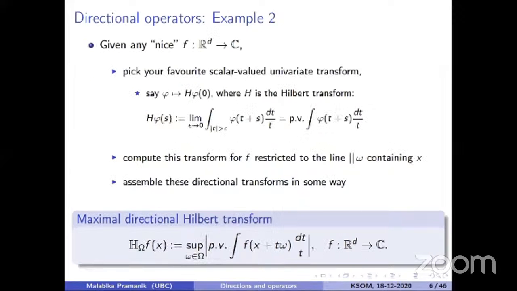Let's look at another example. Before I define what this operator is, pick your favorite univariate transform, by which I mean a transformation rule that takes a one variable function phi as input and returns a scalar. Again, there is an infinite range of choices here. A transform, for example, could be the average or the weighted average of the function phi, or it could be phi evaluated at a point.